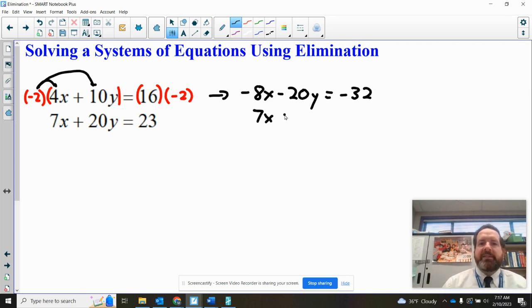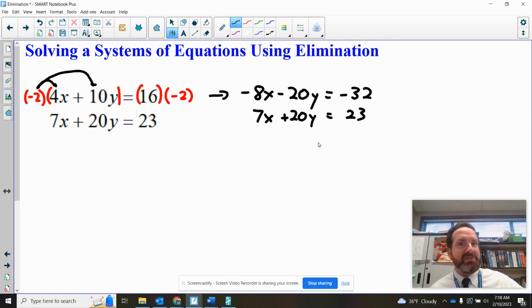So leave it at 7x plus 20y equals 23. The reason I chose to multiply the top equation by -2 is so that this would happen. Take a look right here at my y's. I have a -20y and a +20y, a set of opposites.